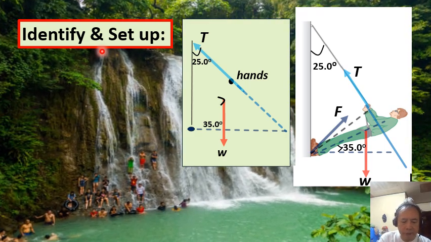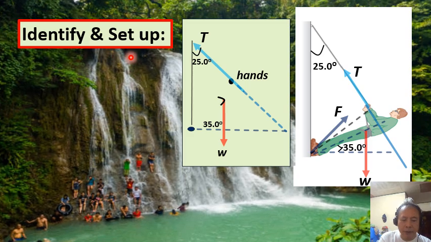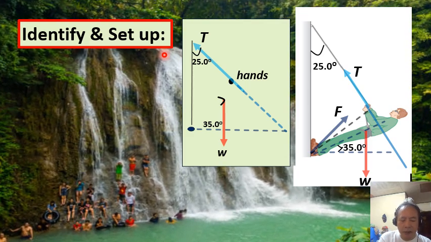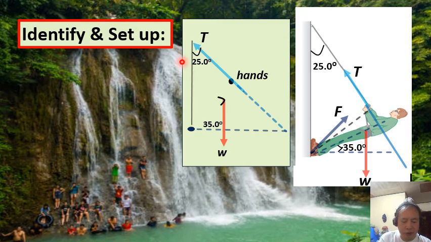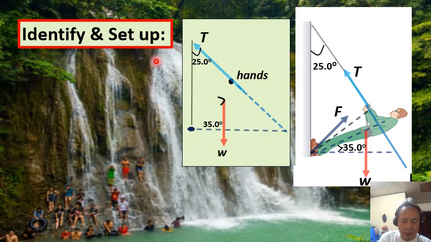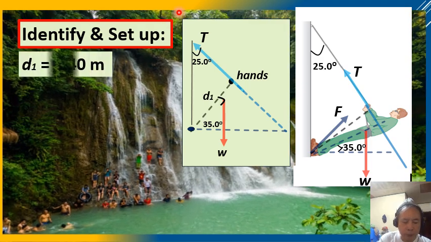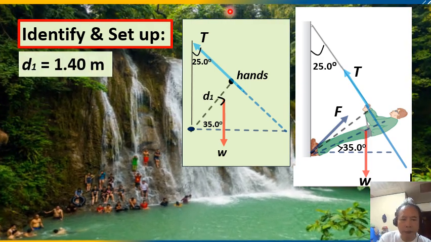For clarity, we have a separate diagram to emphasize additional quantities that we need in our computations. The climber is holding the rope 1.40 meters from his feet.